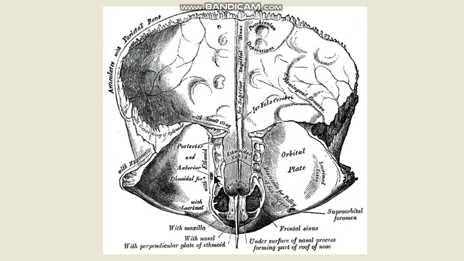Now between the ethmoidal air cells you can make out these canals, the anterior ethmoidal canal and the posterior ethmoidal canal. These are actually grooves, and when these grooves are joined to the labyrinth of the ethmoid, they will form the anterior and posterior ethmoidal canals for the passage of the anterior and posterior ethmoidal vessels and nerves.